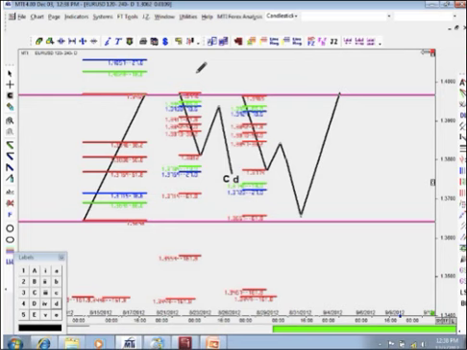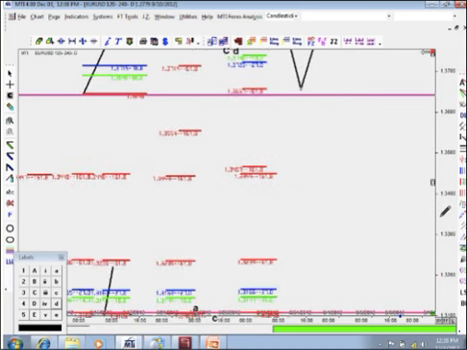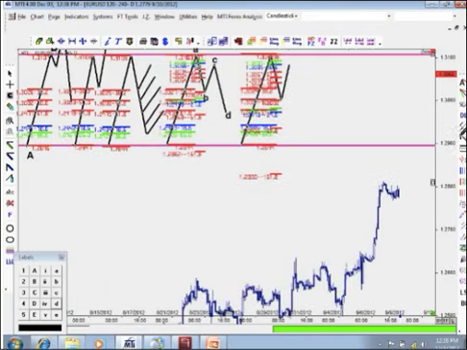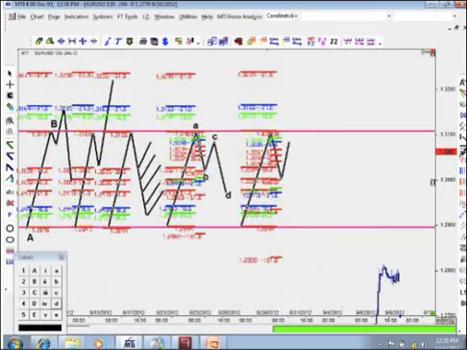Now, this sub ABCD retracement, you've got to be prepared for. In other words, what I'm trying to do is get you prepared for how the market retraces, so you're not freaking out. Okay?